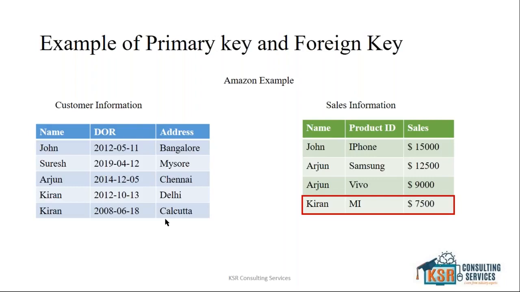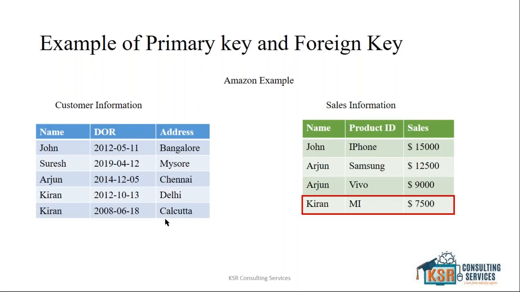No two people can have the same Aadhaar card. Each person has a different Aadhaar card ID, or passport ID, or PAN card ID. Every number is going to be unique. That is how I will differentiate which person is which.